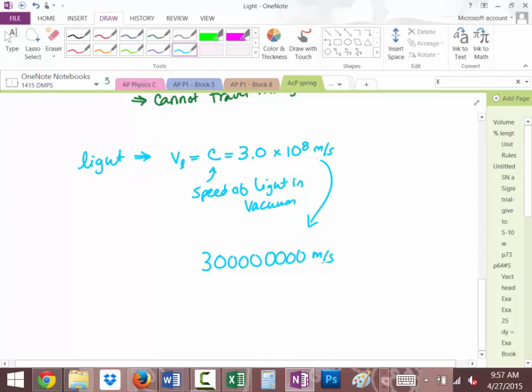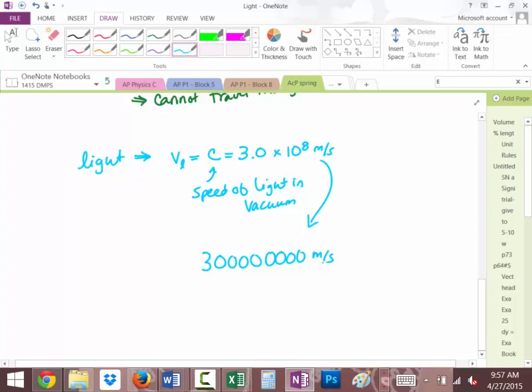So this is what number actually? 300. This is thousands. This is million. 300 million of this every second. That's really fast, okay?